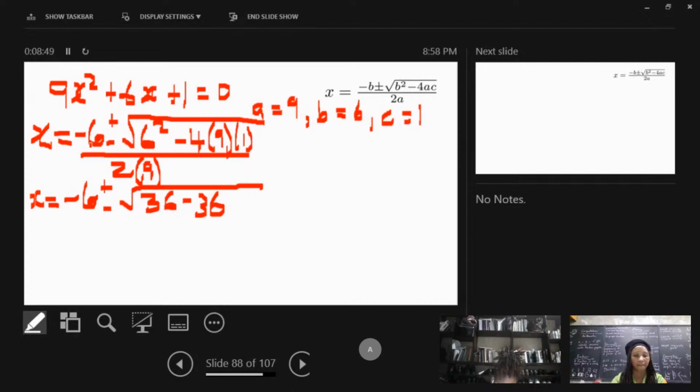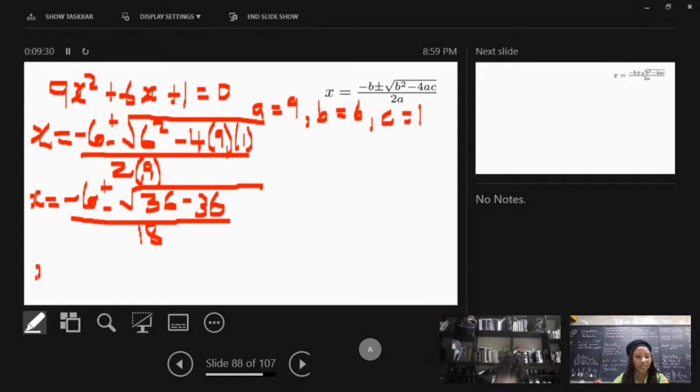Negative B plus or minus the square root of B squared minus 4 times A times C. So this is going to give us a 0 here, right? Yes, miss. Over 2 times A, which is 18.